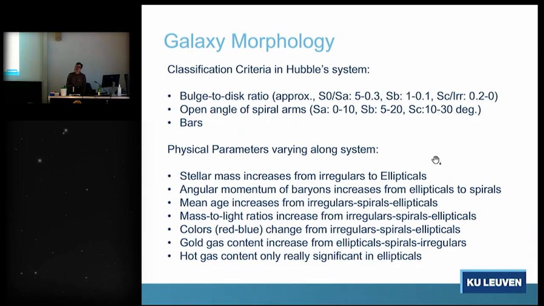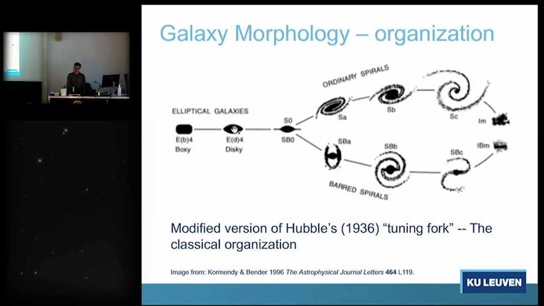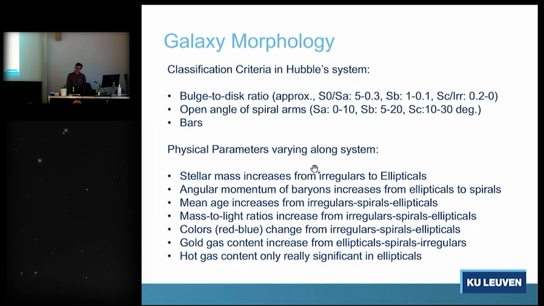Now, angular momentum, that is rotation, increases from ellipticals to spirals. Ellipticals typically don't rotate much, or at least to a lesser degree than spirals. Mean age also increases from irregulars and spirals to ellipticals. Mass to light ratio increases from irregulars, spirals to ellipticals.